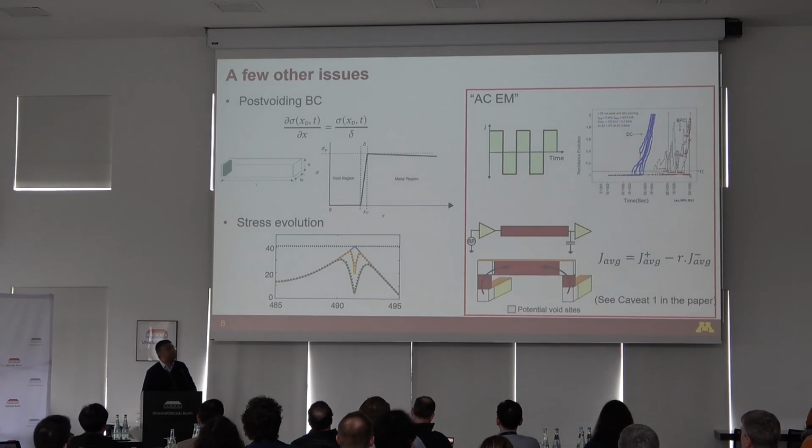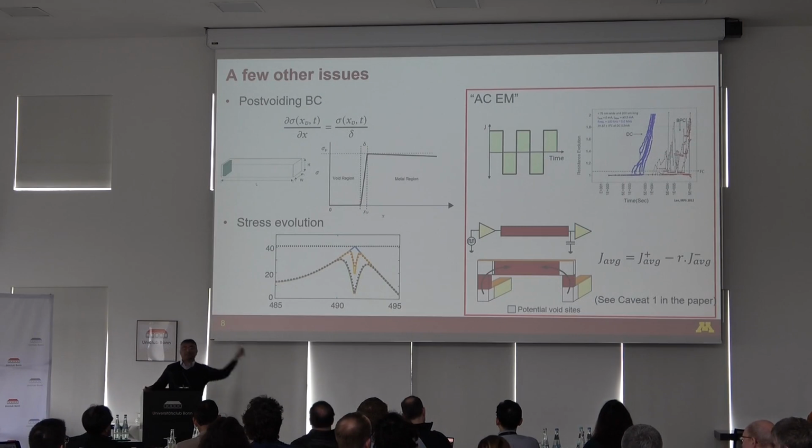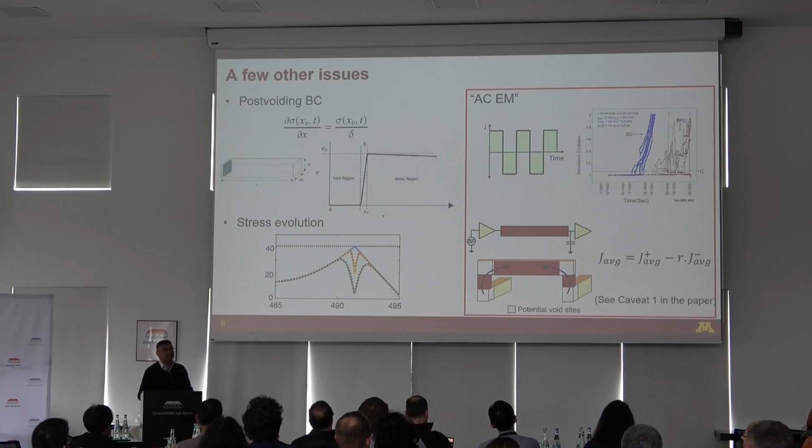And that doesn't necessarily mean that things cancel out. They don't exactly cancel out. But it turns out that the lifetime for DC electromigration is shorter than for AC electromigration. If you have both directions, it actually lasts longer because you have some restoration of the metal atoms that migrated and they come back, but they don't come back perfectly.